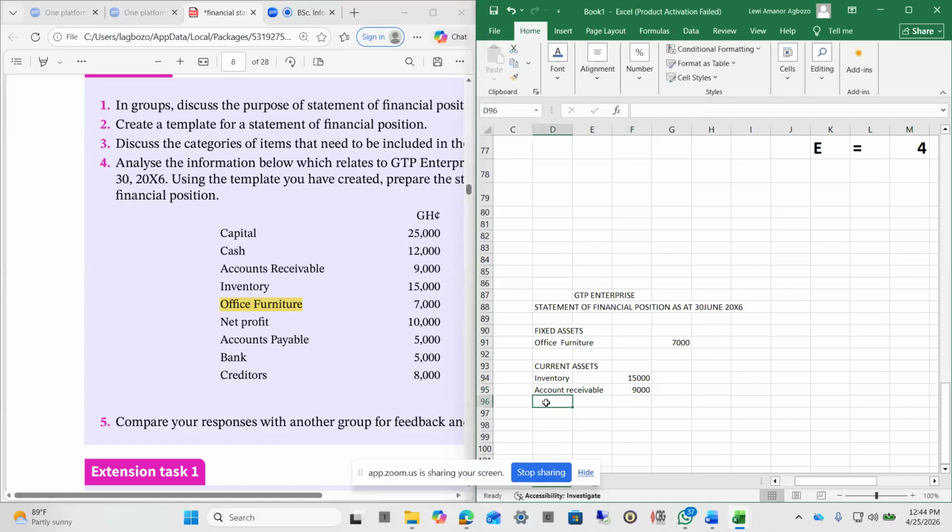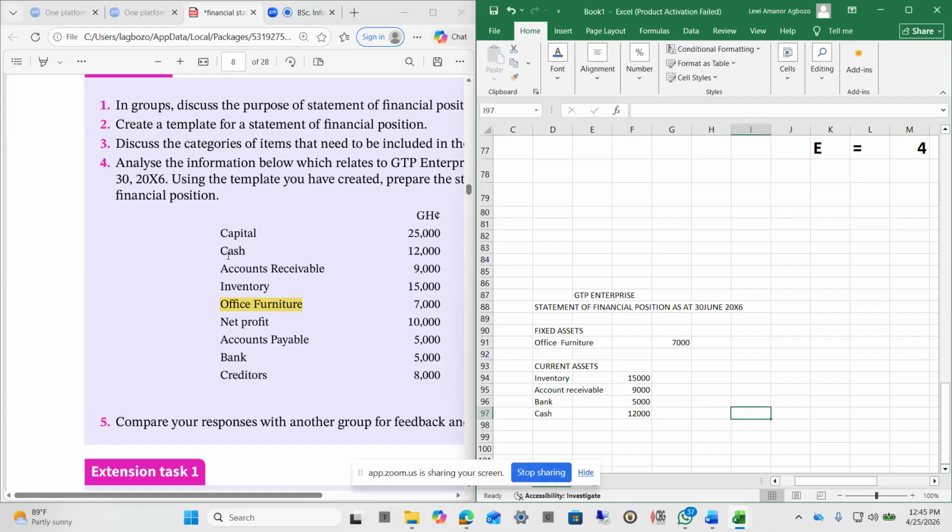Then what also falls under current assets? Bank. How much is it? 5,000. And then what else? Cash. How much is it? 12,000.